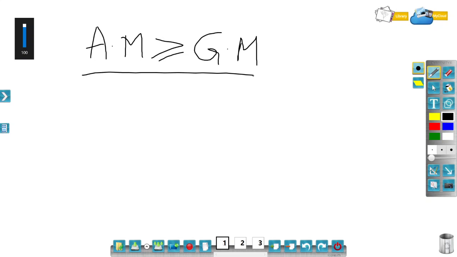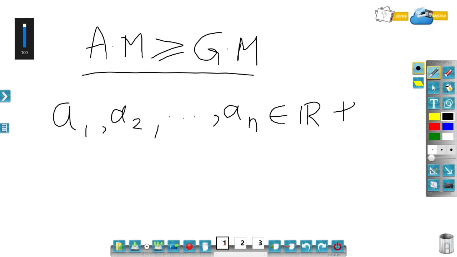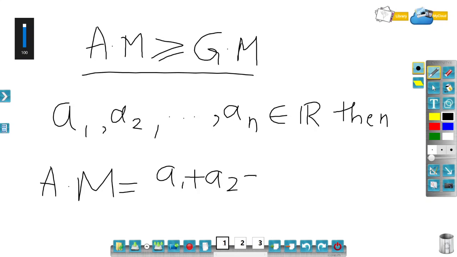Suppose I have n numbers, a1, a2, ..., an. If they belong to R, then the arithmetic mean, which we denote by AM, is defined as (a1 plus a2 plus ... plus an) divided by n.